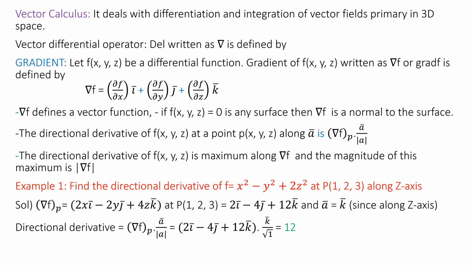So the vector a bar is k bar because it is along z axis, so the i bar and j bar coefficients are 0. Okay, so the directional derivative is nothing but del f at p dot a bar by modulus of a bar, so 2i minus 4j plus 12k dot k bar divided by square root of 0 square plus 0 square plus 1 square. The dot product of these two vectors is clearly 12. Okay, so the answer is 12.